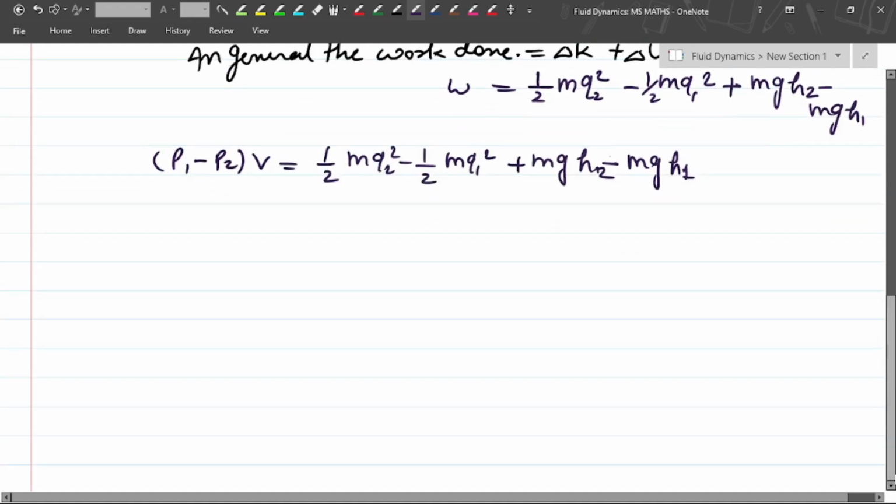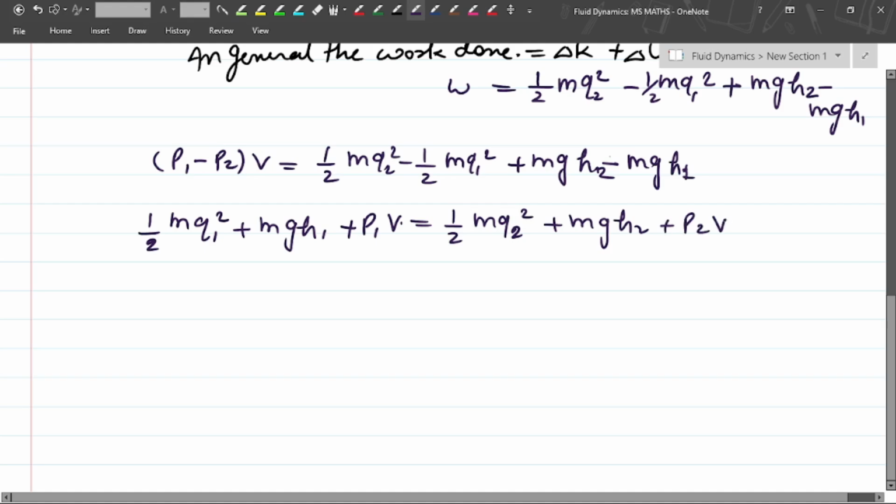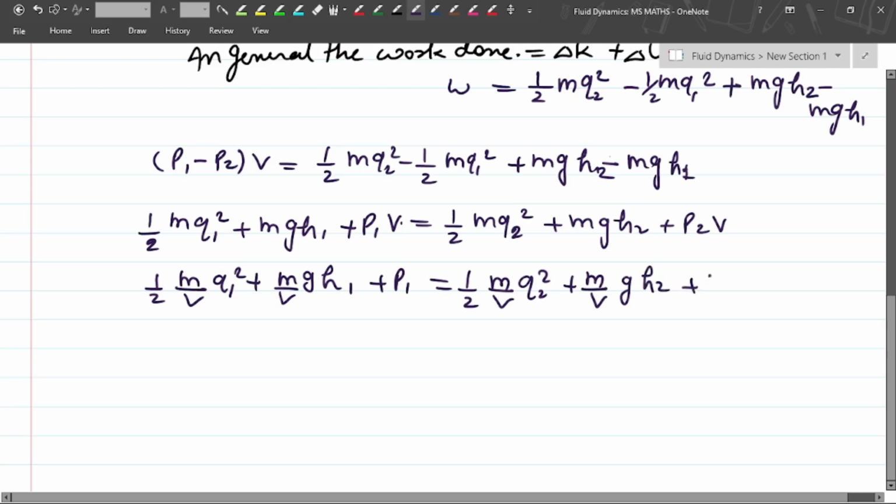Now we can find Bernoulli's equation, or the relation, in this way. We will take 1 by 2 m Q1 square plus mgh1 plus P1 V equals 1 by 2 m Q2 square plus mgh2 plus P2 V. Okay, now we have m by V, so we divide by V. Then it will be 1 by 2 m by V Q1 square plus m by V gh1 plus P1 equals 1 by 2 m upon V Q2 square plus m upon V gh2 plus P2.